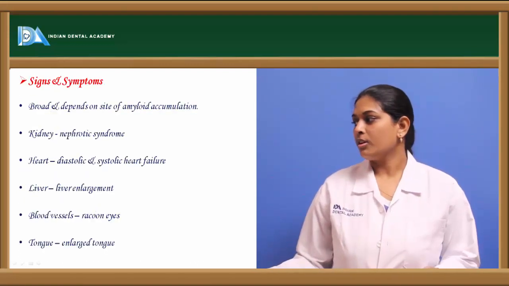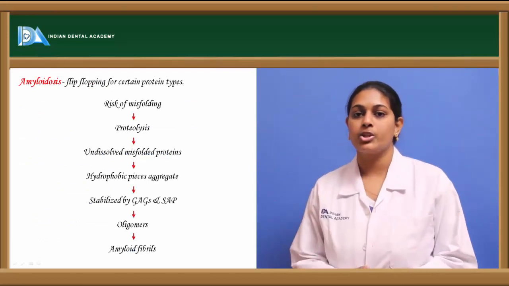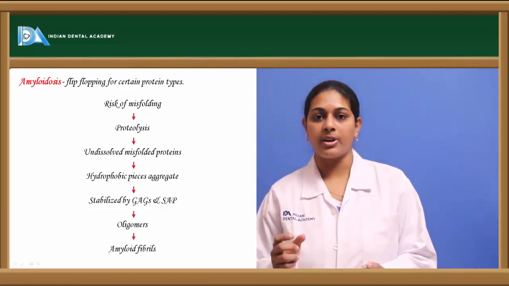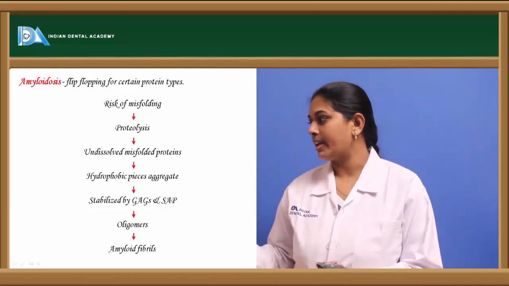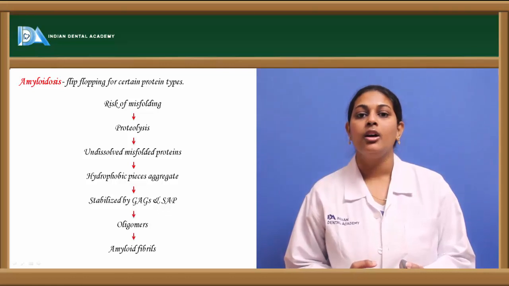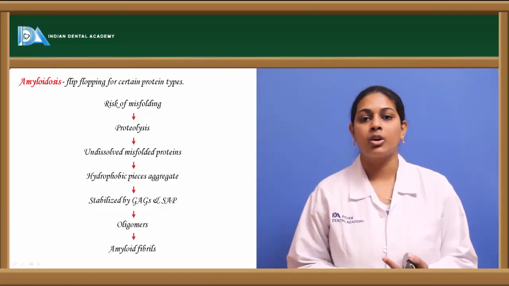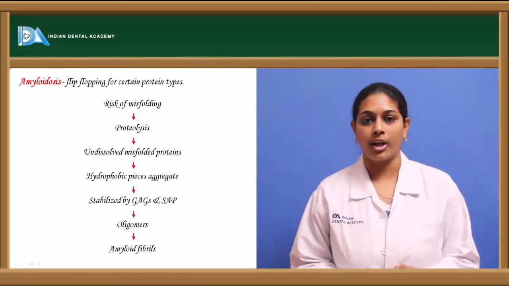Usually we see in amyloidosis that there is a flip-flopping of these proteins. Proteins are normally organized into the exact sequence which is coded, or the protein fragments join together in a coded sequence. But in amyloidosis, we see that there is misfolding of the protein.